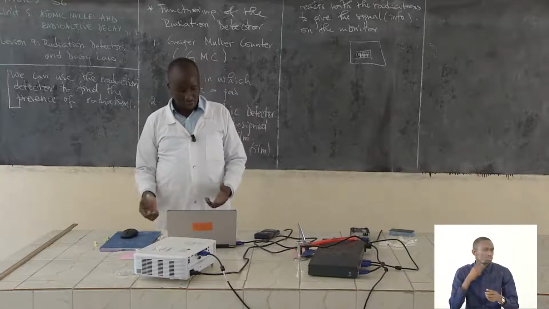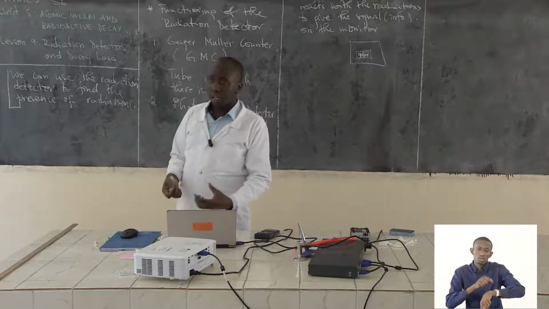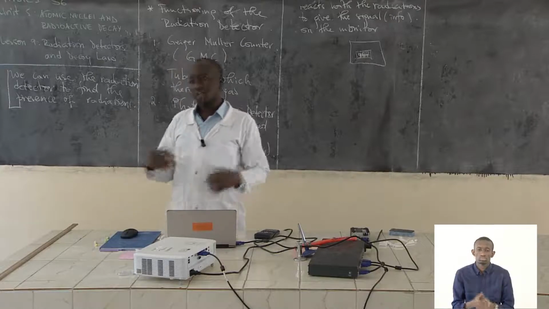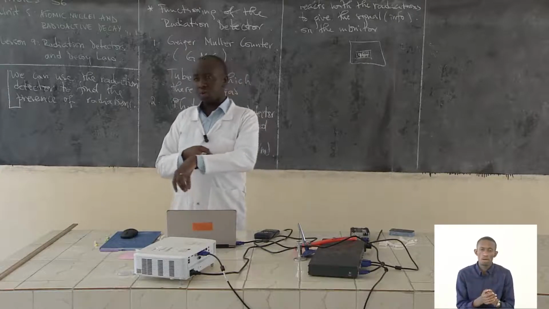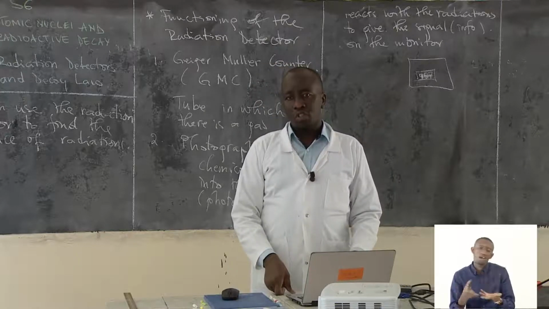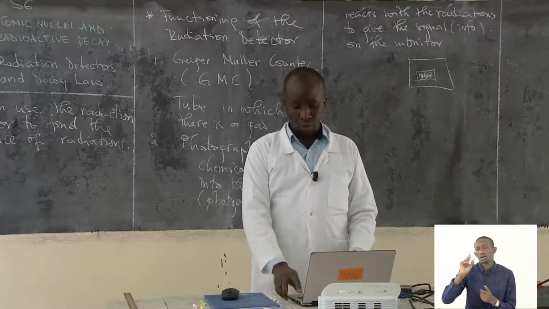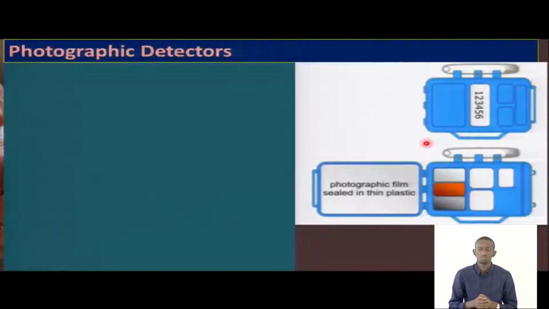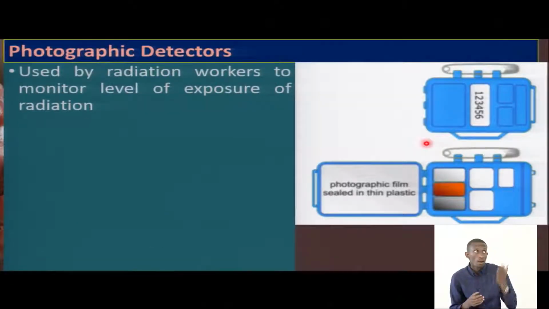Wearing that watch and working at our place, if there is an indication of high values, then it means a high exposure to this radiation. So this is what I'm saying about the photographic detector. They are mainly used by workers to monitor the level of exposure to radiation.